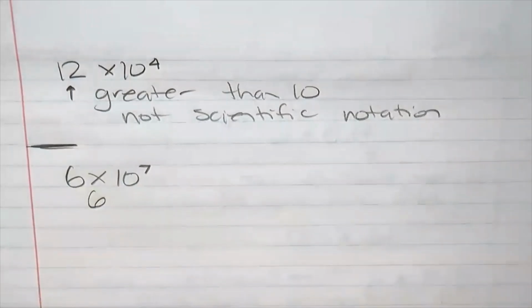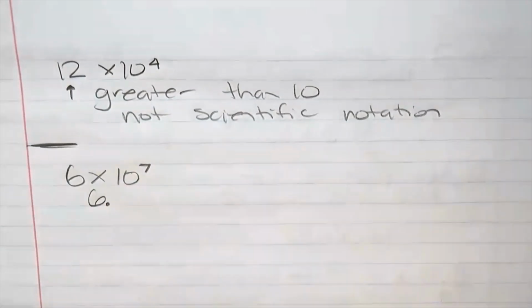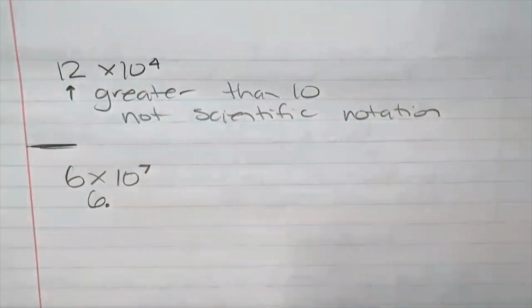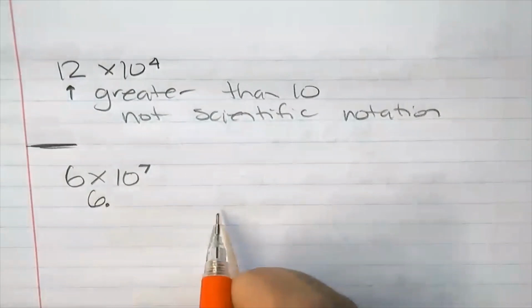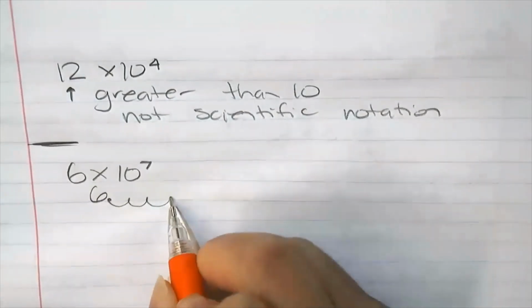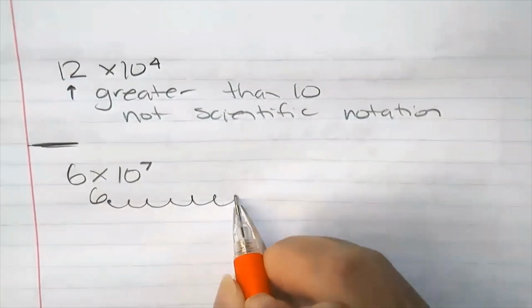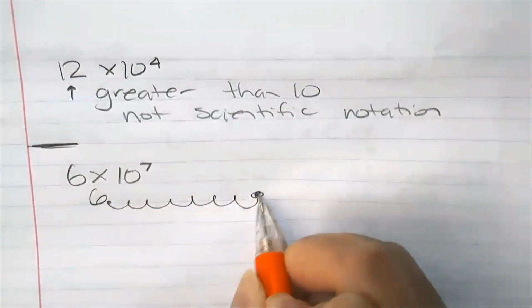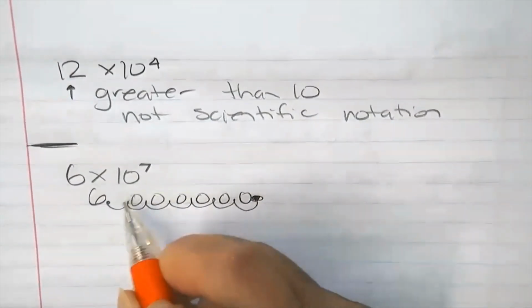Where's my decimal? Every number has an invisible decimal behind it. So here's my decimal. It's positive, I'm moving to the right 7 places. 1, 2, 3, 4, 5, 6, 7. Here's my decimal point, and I backfill with zeros.